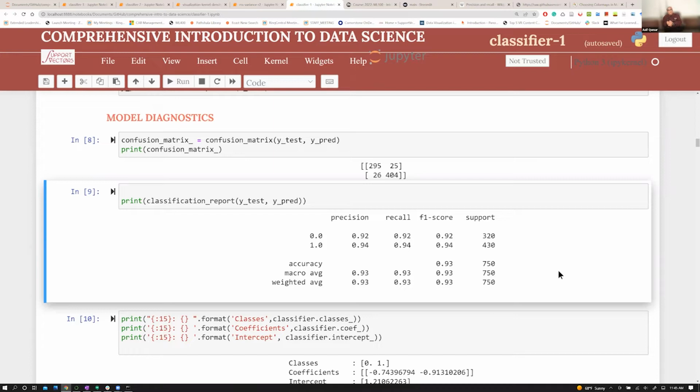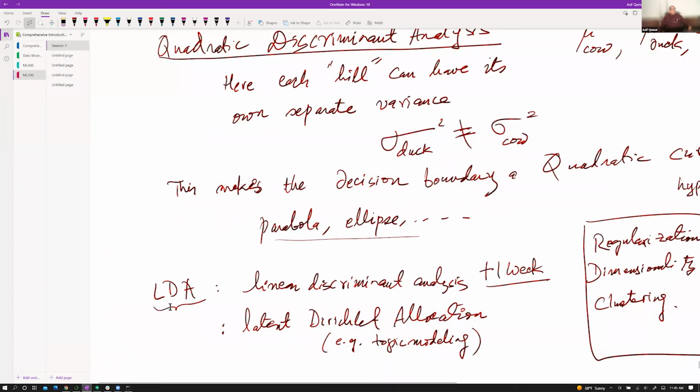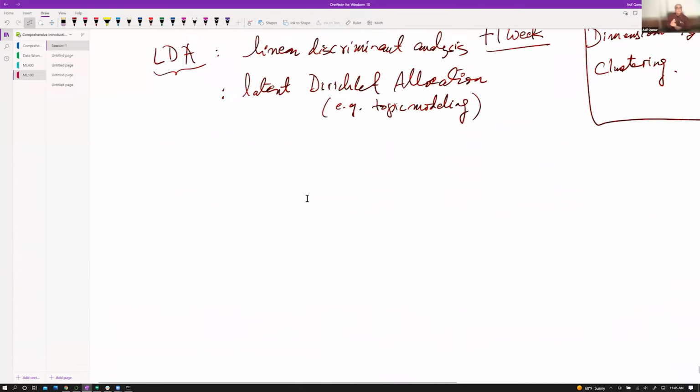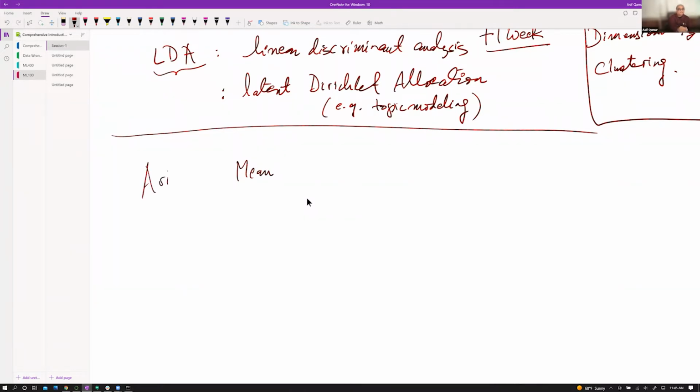F1 score is the harmonic mean between precision and recall. Do you remember what harmonic mean is from school algebra? Let's talk about the various means. Arithmetic mean of two numbers is x plus y over 2. This is the definition.